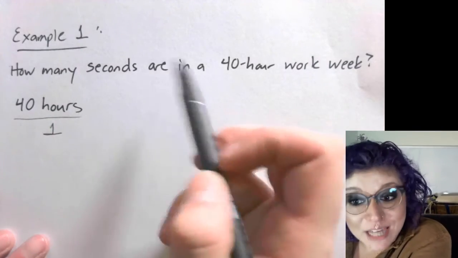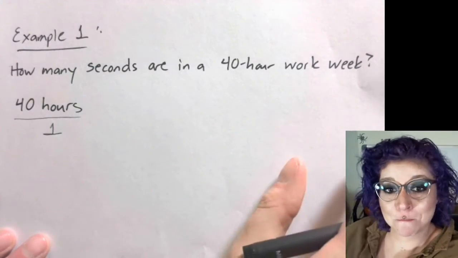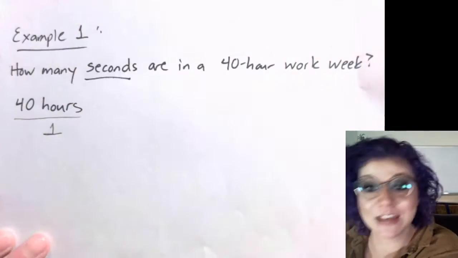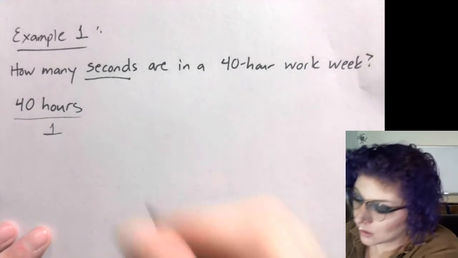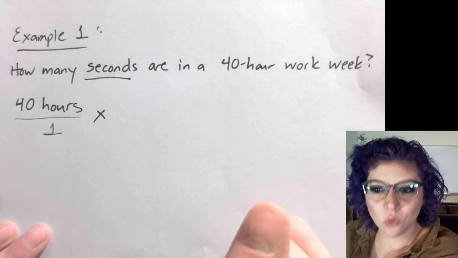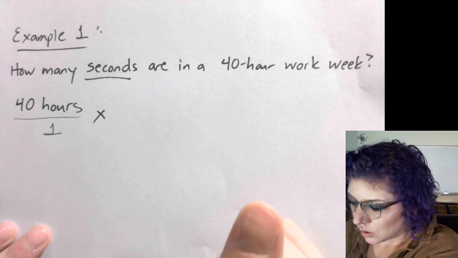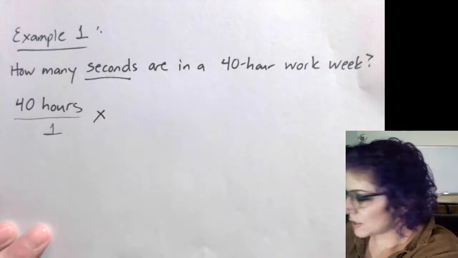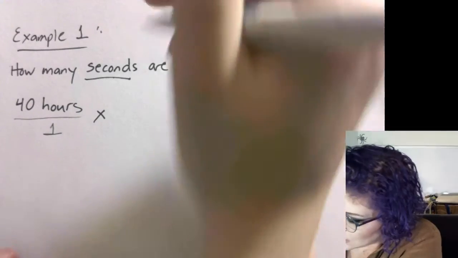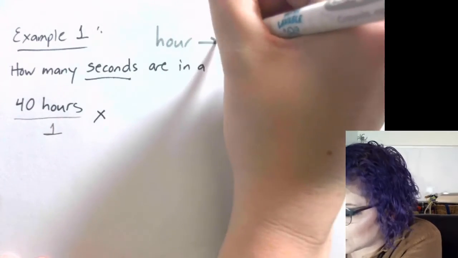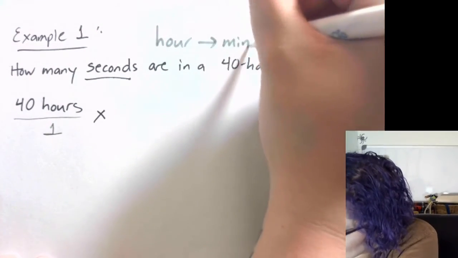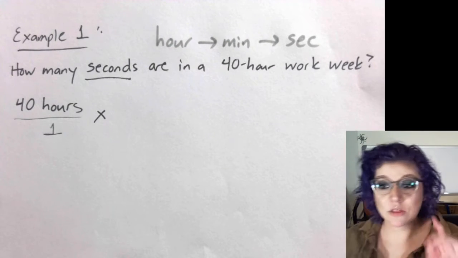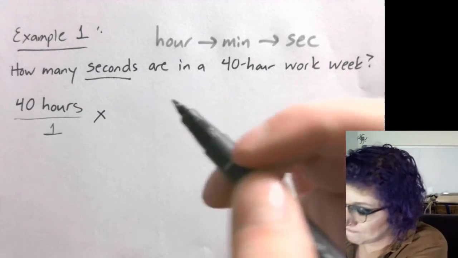So I'm going to stepwise go through the process of basically crossing out units until I end up at seconds. In order to go from hours to seconds, I know that I need to convert from hours to minutes to seconds. So I need those steps in my process.